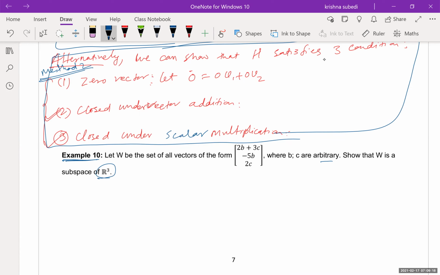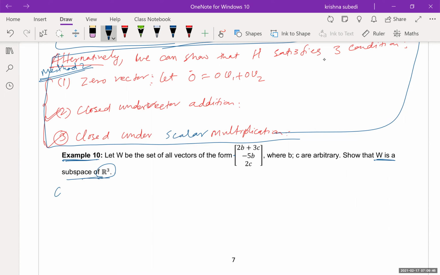Clearly, any vector of this form has three rows and 1 column, so it belongs to R3. Now we need to show that W is a subspace of R3.